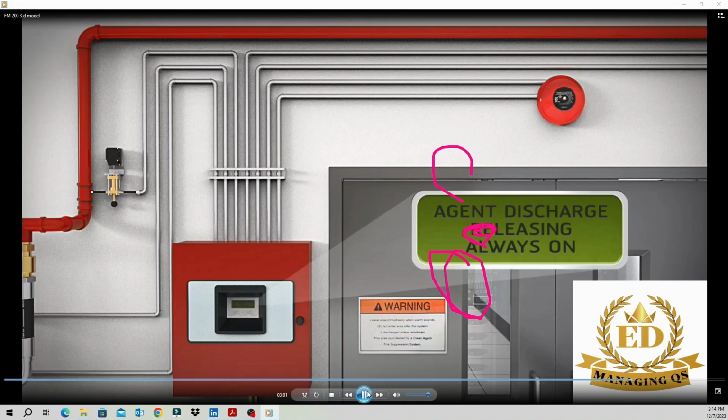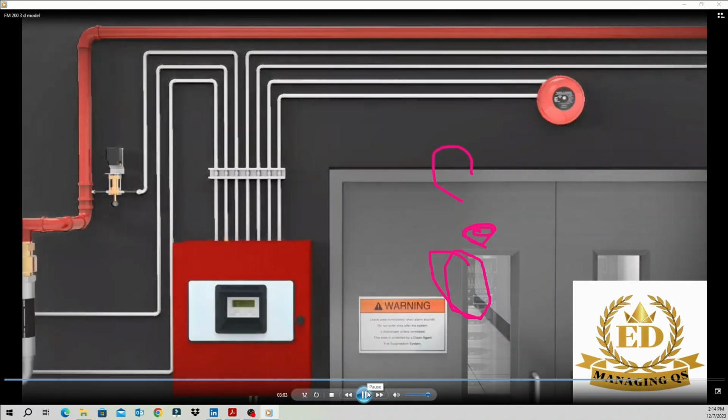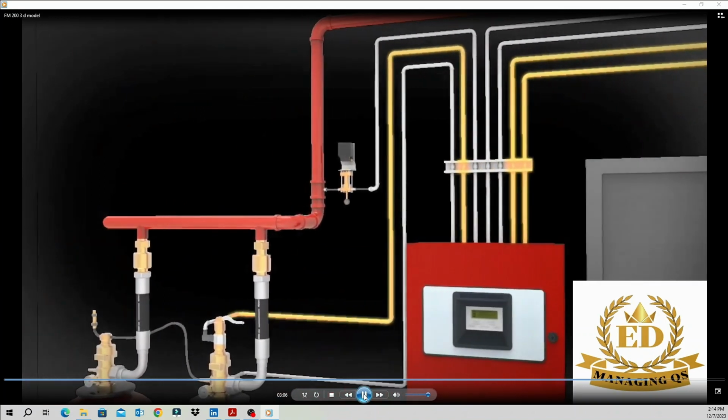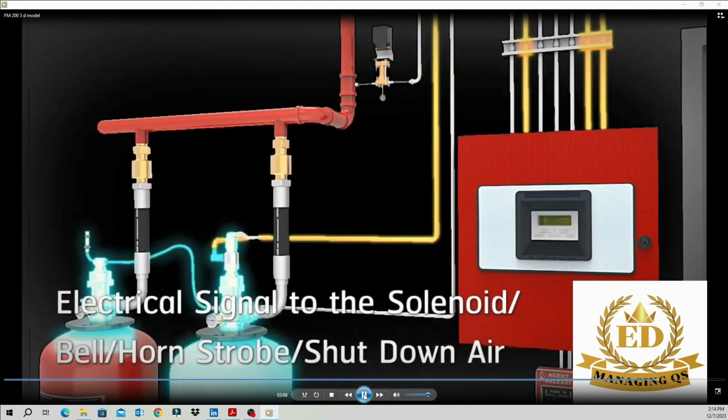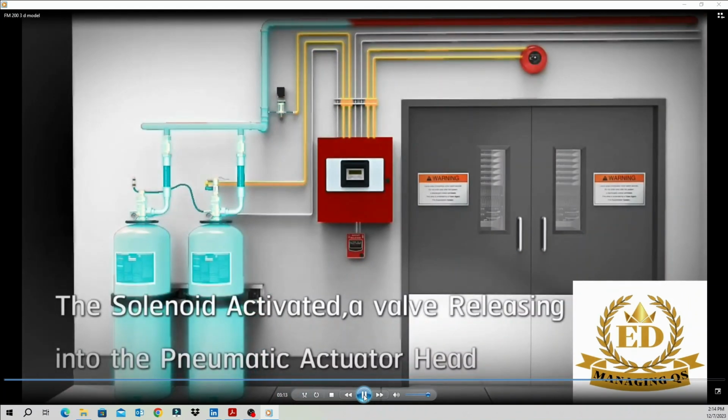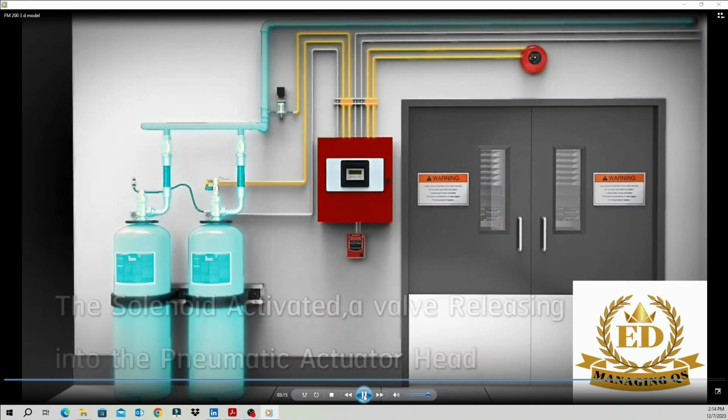This message is automatically displayed. Then immediately, on the spot, the signal goes to the fire alarm, the second signal goes to the light flasher, and the signal goes to another portion, the gas cylinders also. You can see the signal going to the cylinders, and the FM200 gas is automatically activated and goes into the pipes.